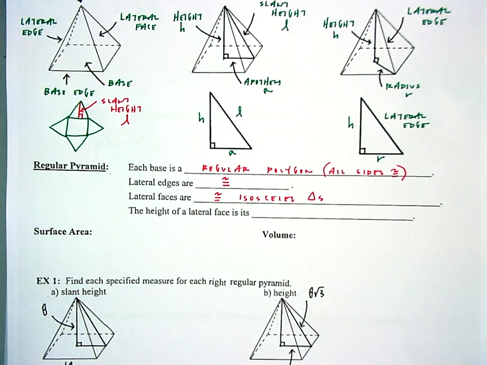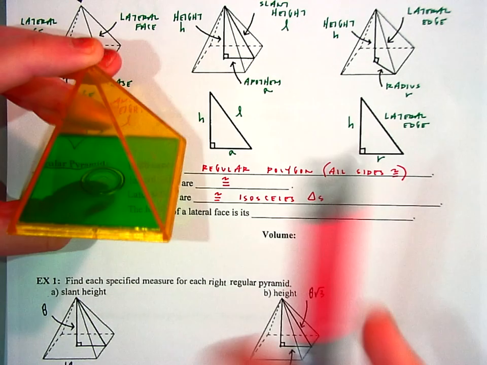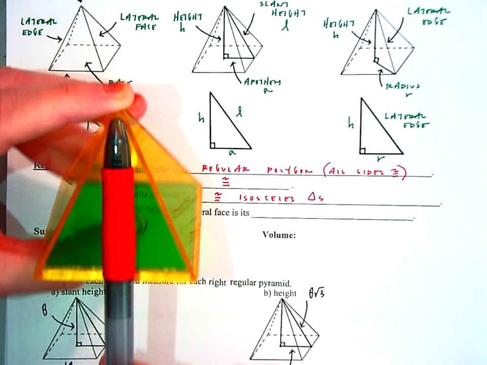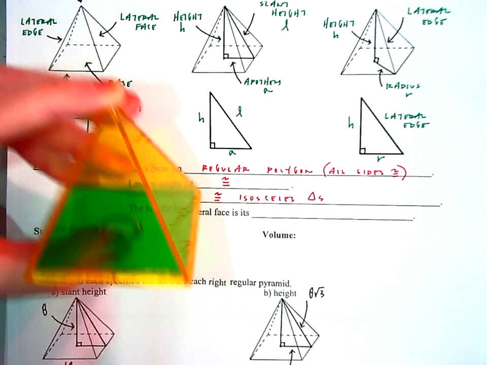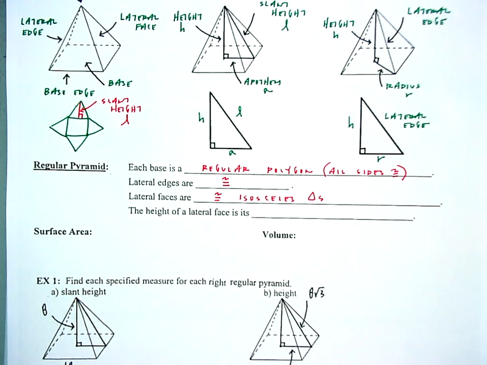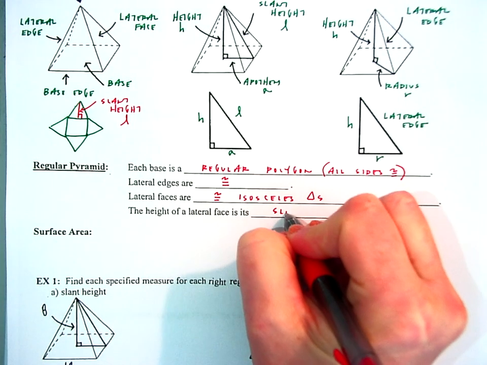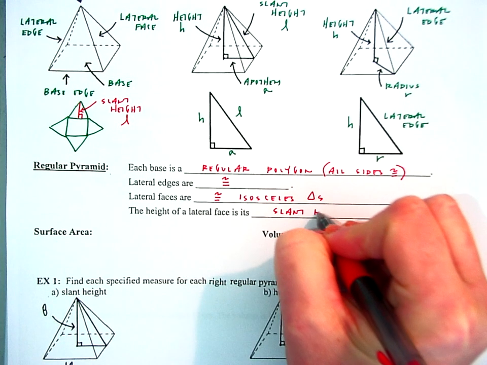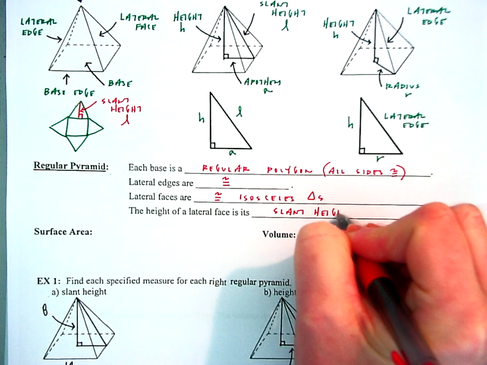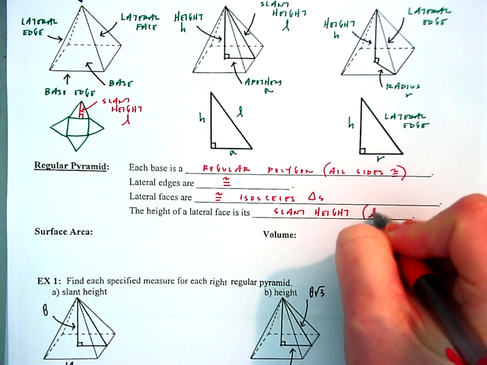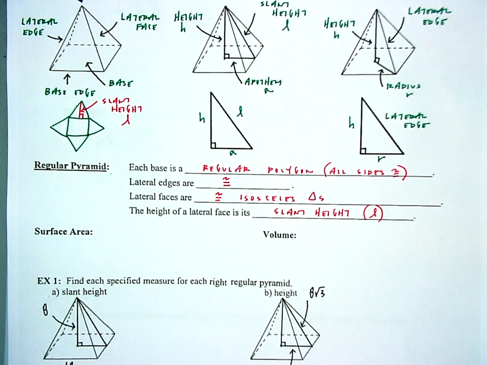Okay, and then the height of a lateral face, right in here, that height we just call a slant height now. Little cursive L.